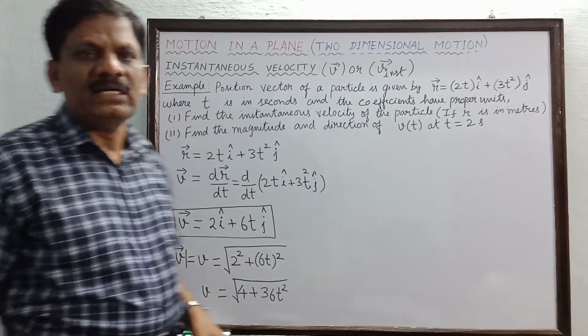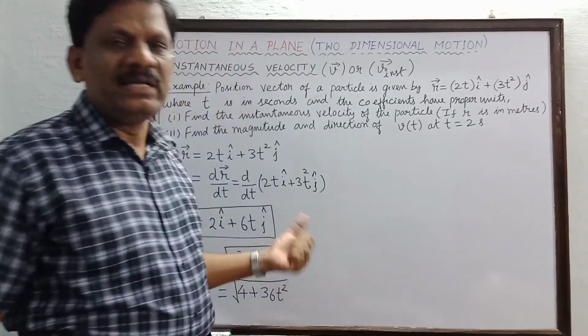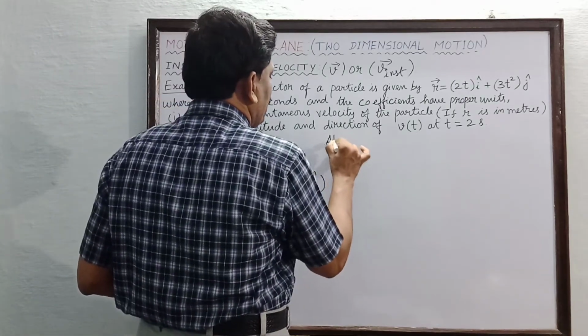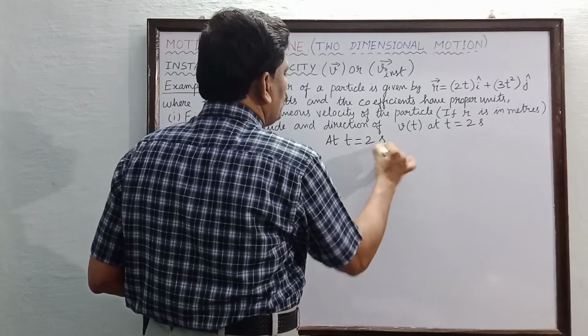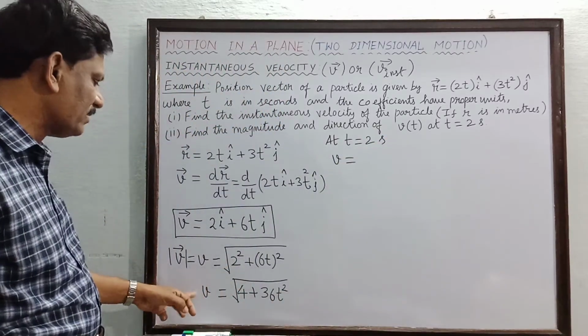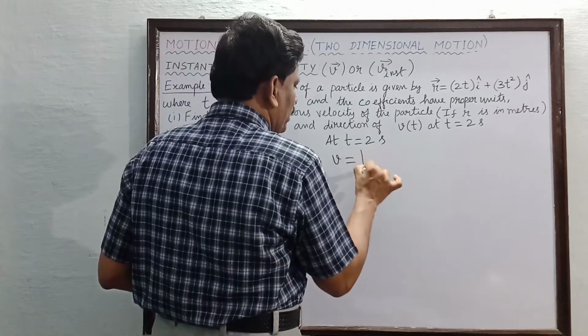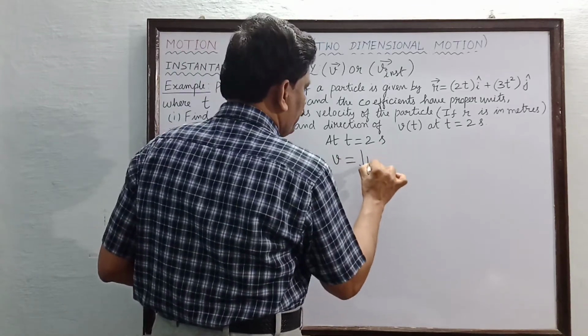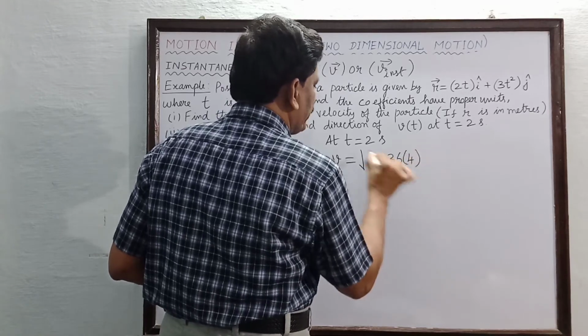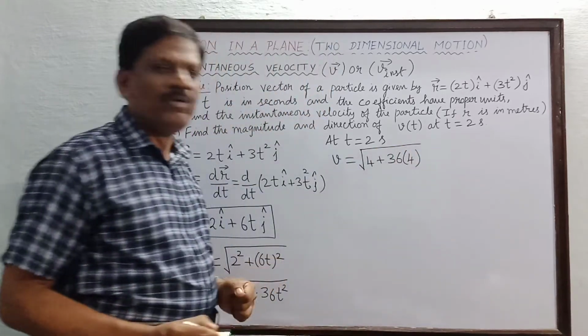But we have to find this value at the instant t equal to 2 seconds. So at t equal to 2 seconds, the magnitude of the instantaneous velocity is equal to the square root of 4 plus 36 into t square, where 2 square is 4.